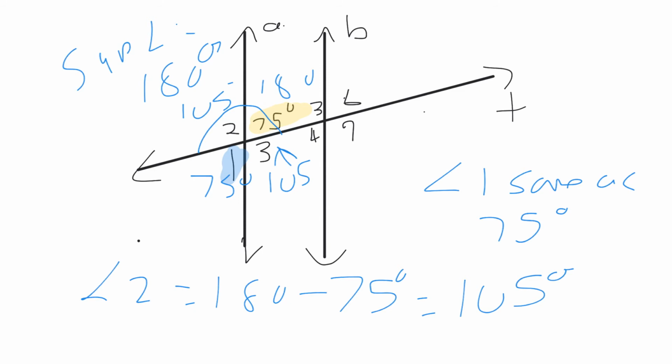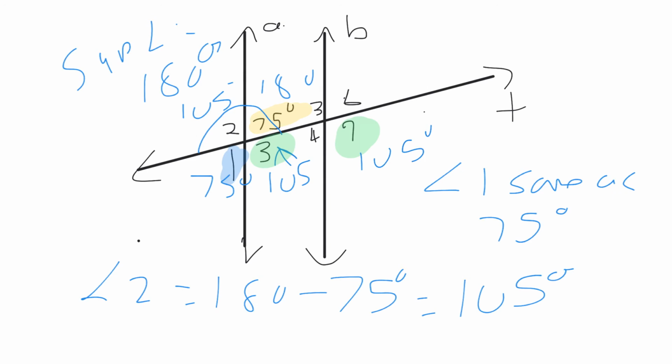Now what can we do from this? Well, from our previous slide, we know that angle 3 and angle 7 are corresponding angles. And we said that corresponding angles are congruent. So therefore, if angle 3 and angle 7 are congruent, angle 7 must also be 105 degrees.